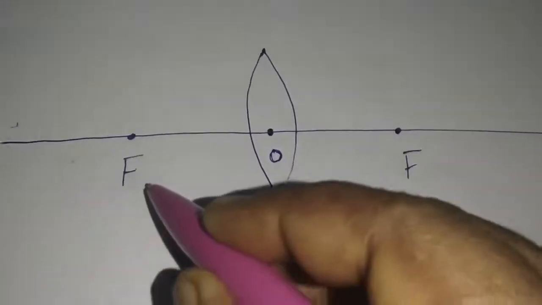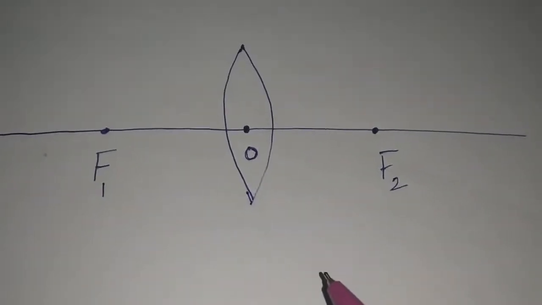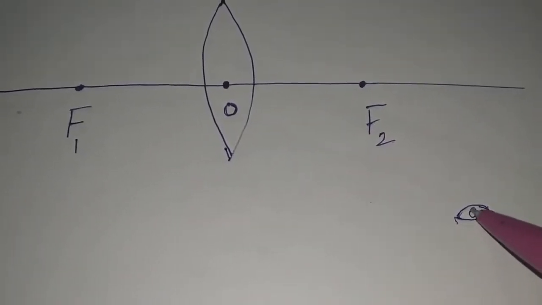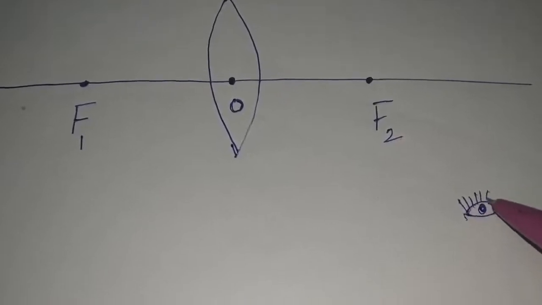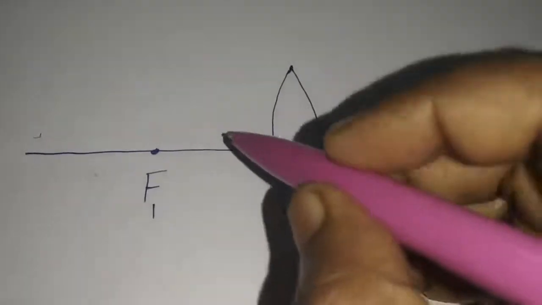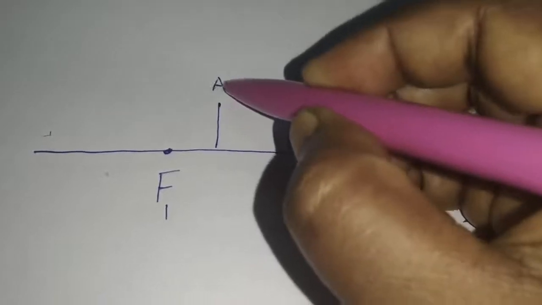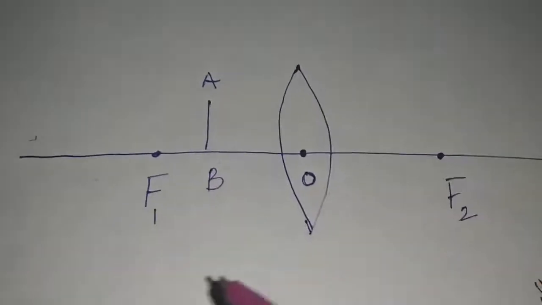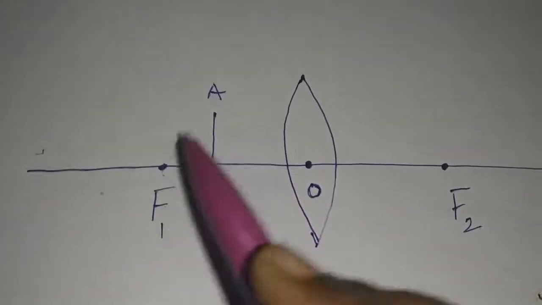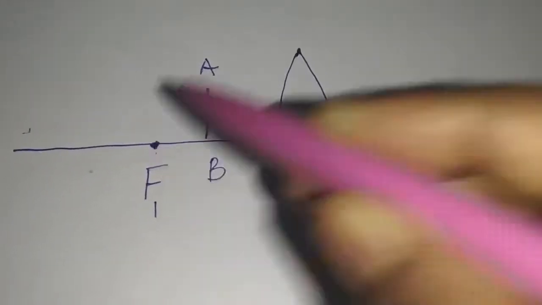You can take this as F1 and the other side as F2. Now you place your eye behind the lens, and we place the object AB before the principal focus F.